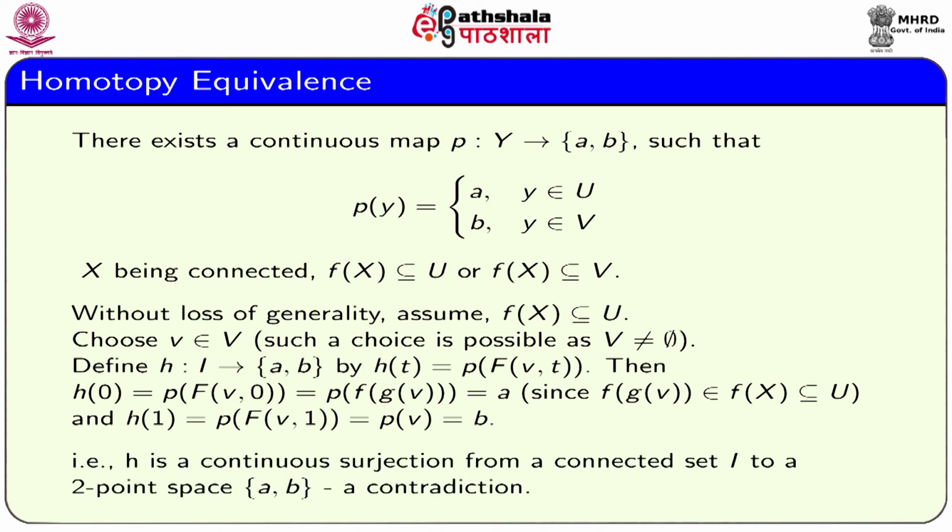That is, h is a continuous surjection from a connected set I to the point space {a, b}, which contradicts the connectedness of capital I. So this proves that whenever we are taking capital X a connected space and capital Y a disconnected space, they can never be of the same homotopy type.